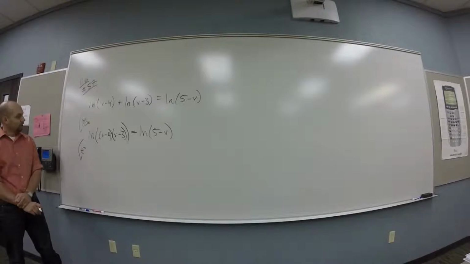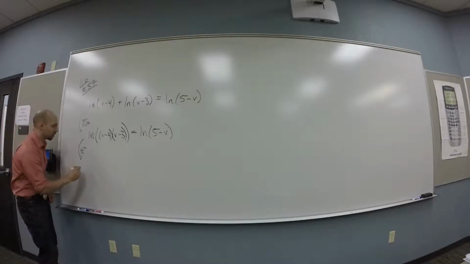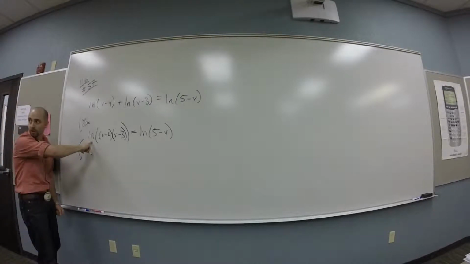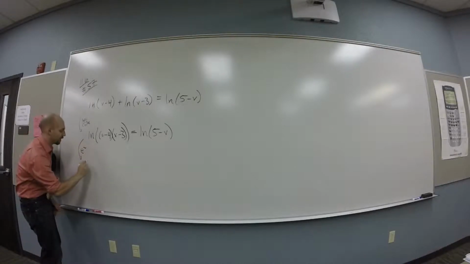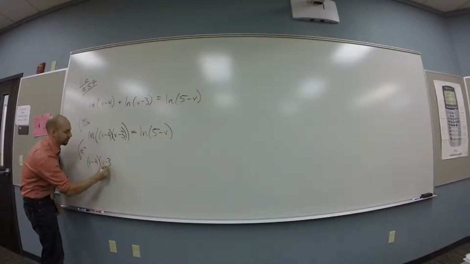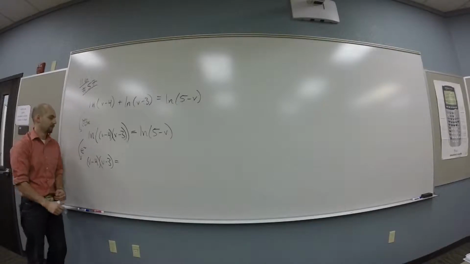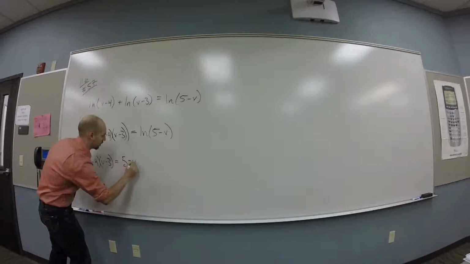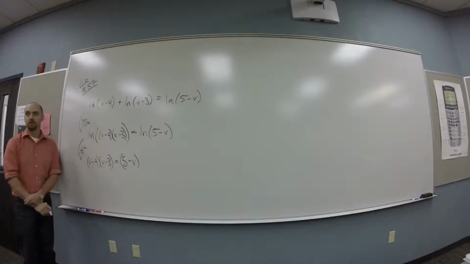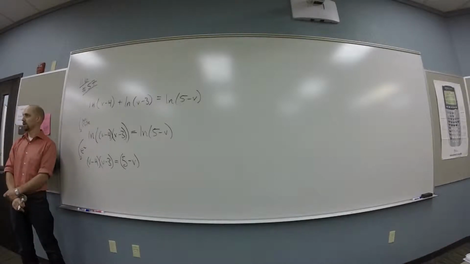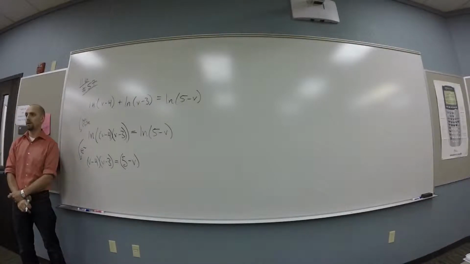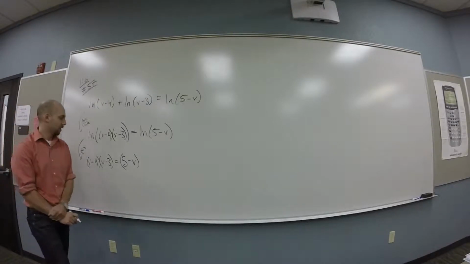Okay, so the e and the log are going to undo each other on the left, so I'm going to be left with v minus 4 times v minus 3. And on the right, I'm going to be left with 5 minus v. You guys see that? Okay, now what?